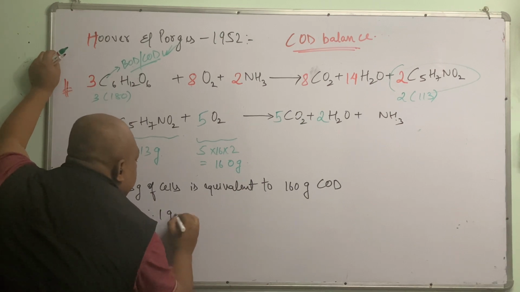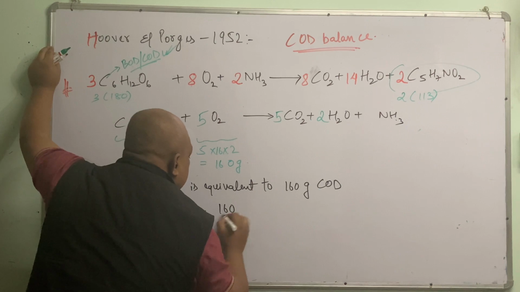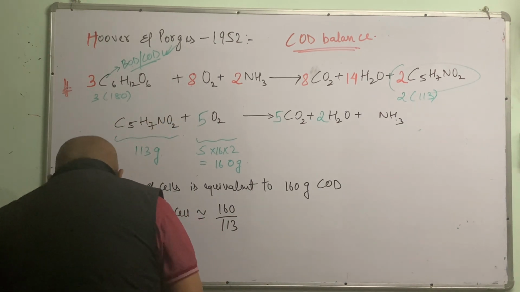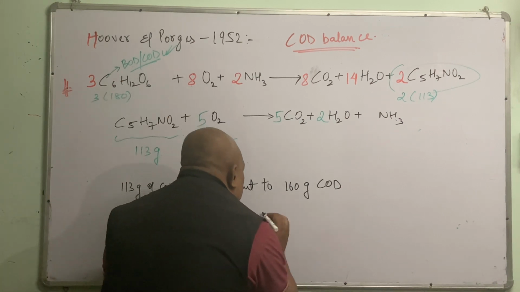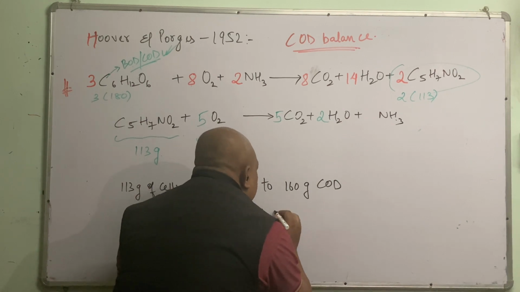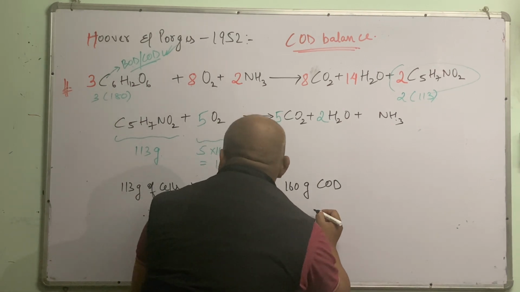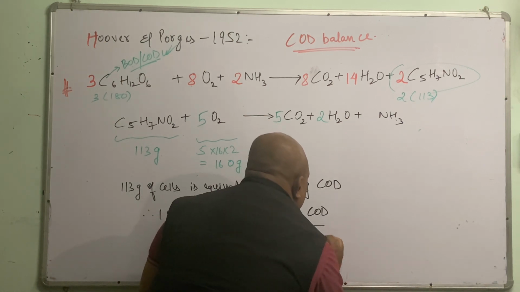Therefore, 1 gram of cell is equivalent to 160 divided by 113, 1.415942 grams of COD per gram of cells.